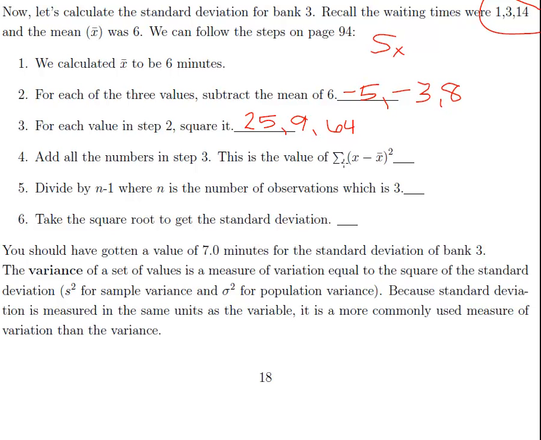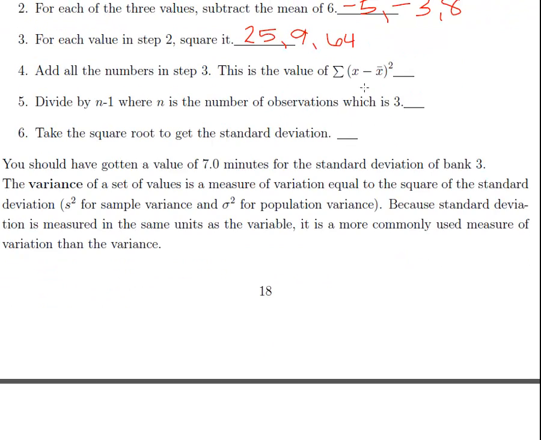Now we want to add up all the numbers. That's what the sigma represents; it means sum. So I take 25 plus 9 plus 64, and that gives me 98.